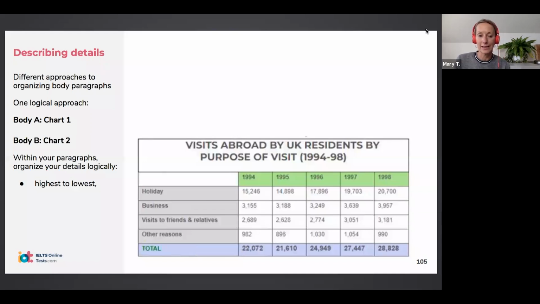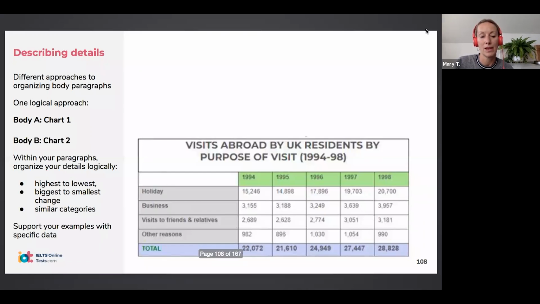So it makes sense to look at highest to lowest, the biggest to the smallest change, and look at similar categories as well. And obviously you need to support your examples with specific data, so try to use the figures there to support what you're saying.